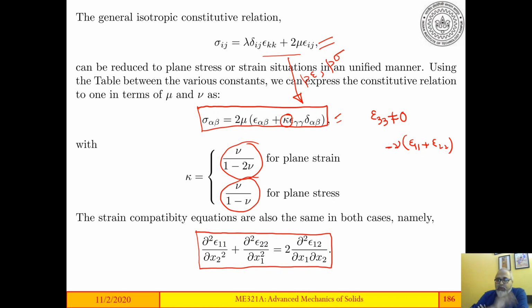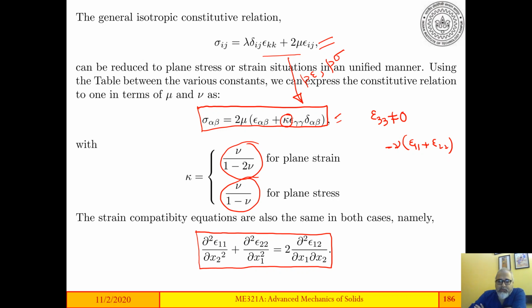Okay, so this is an important distinction you have to remember, and you also have to remember the geometric and loading conditions that qualify a 3-dimensional problem to be treated as either a plane strain problem or a plane stress problem. If you can do that, then you have the advantage of having reduced the number of equations significantly.